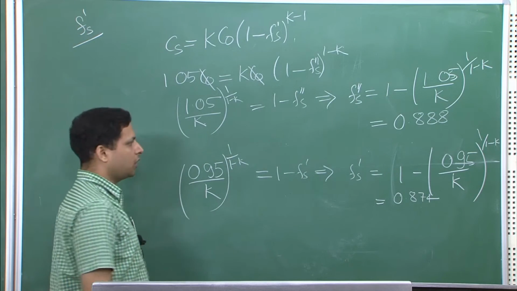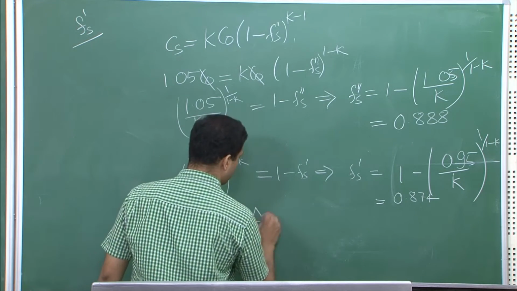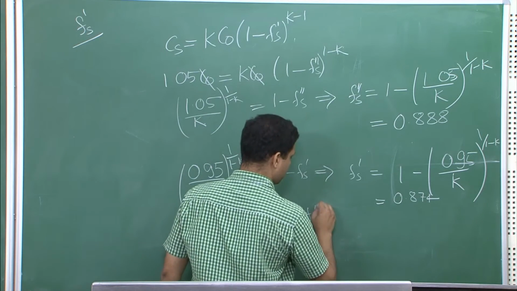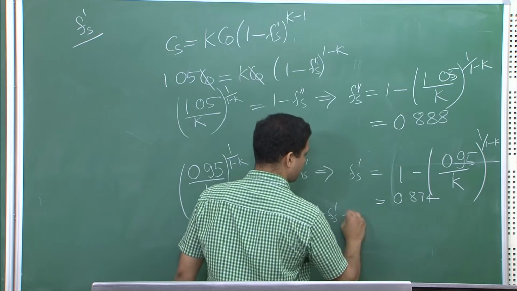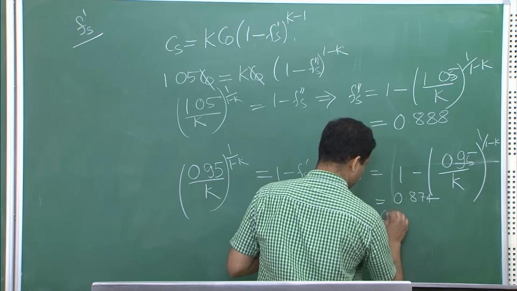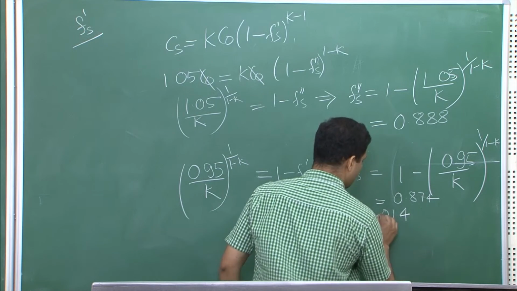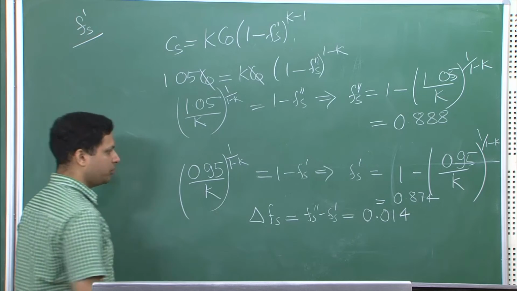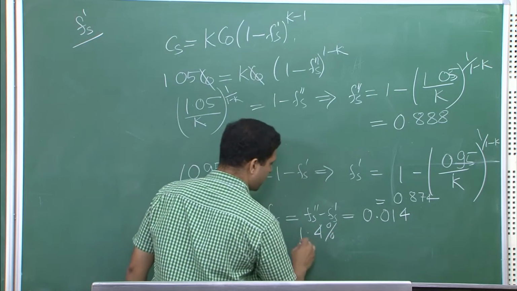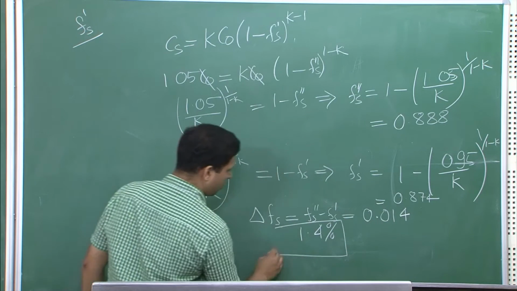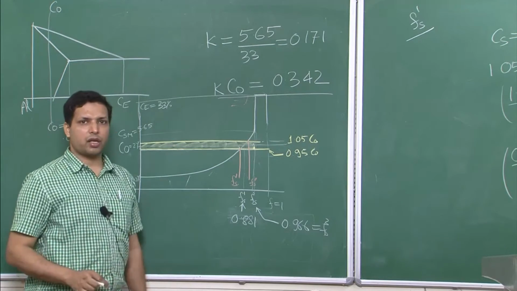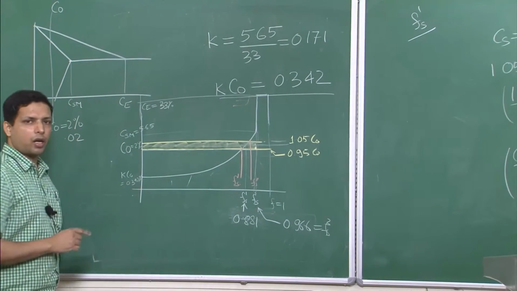So, the difference between these two is the fraction that lies within this. Fraction wise it is 0.014, which means 1.4% of the crystal that has solidified lies within plus minus 5% of the overall alloy composition C naught.